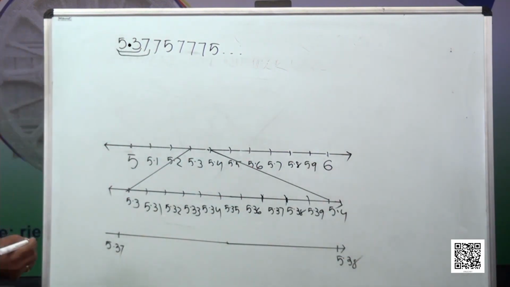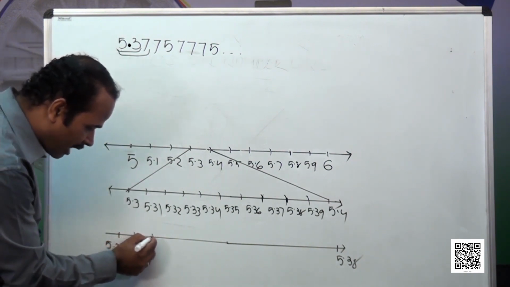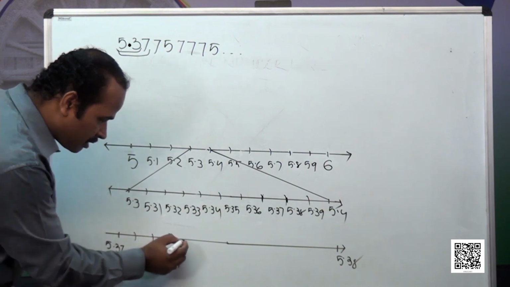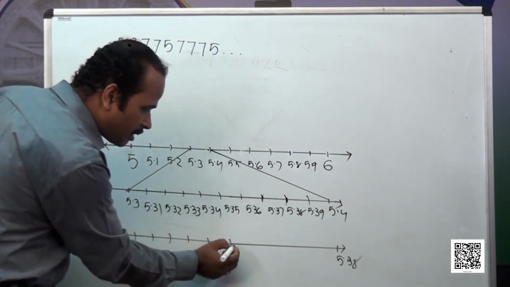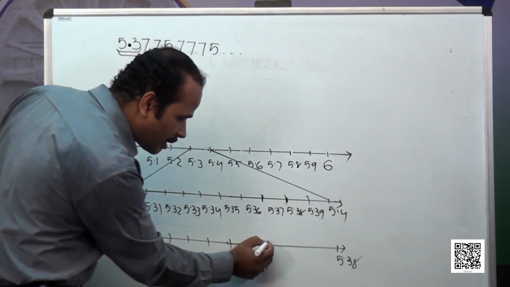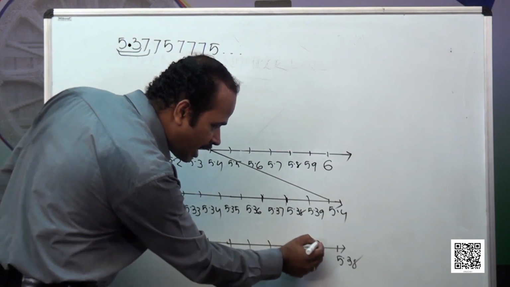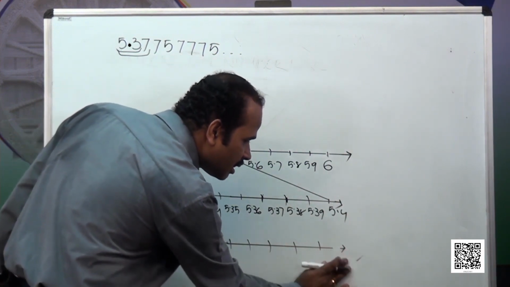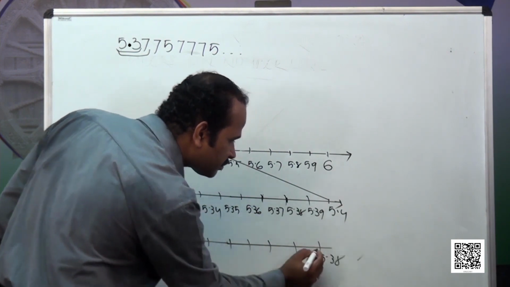If again I divide the same line into 10 equal parts, for example it is 5.371, 5.372, 5.373, 5.374, 5.375, 5.376, 5.377, 5.378, 5.379 and 5.38.